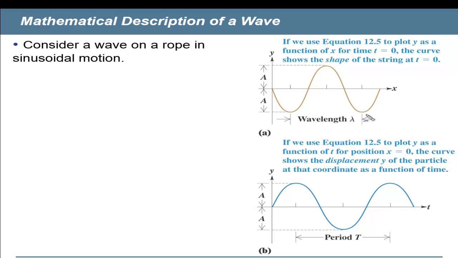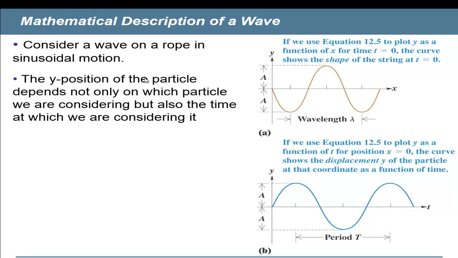But the emphasis here is that there are a couple of different variables going on if I want to talk about the y coordinate of the position at some time. I need a couple pieces of information. I need to know which particle I'm talking about.